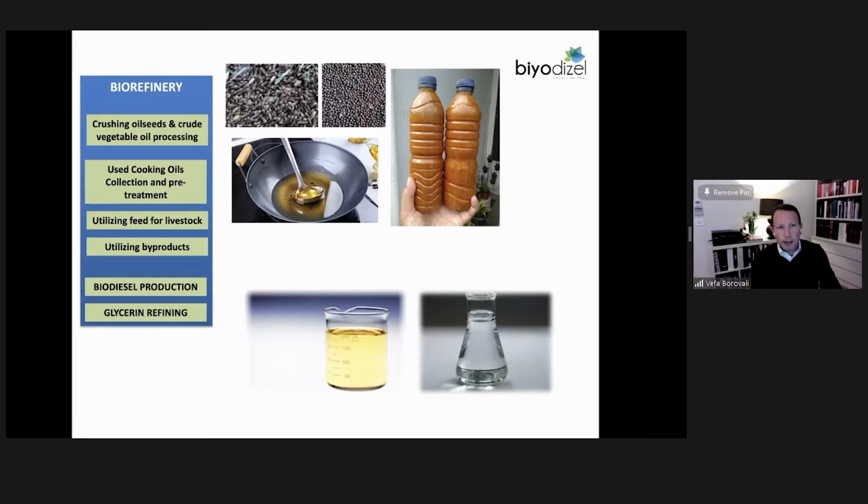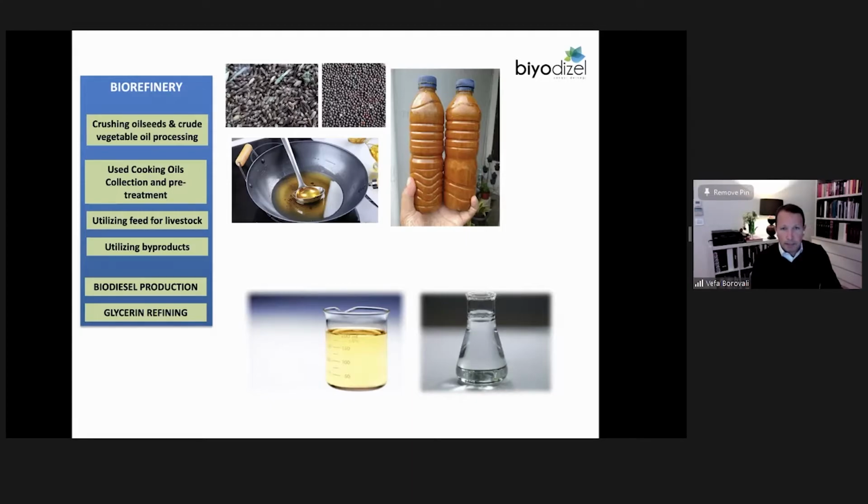So when we say biorefinery, we utilize all these raw materials, and some biorefineries start even from crushing the oil seeds, oil meals, and they produce crude vegetable oil, and then they process it to make it ready for biofuel production. Of course, used cooking oil collection and pre-treatment is becoming more and more important. And when you crush the oil seeds, we have a remaining feedstock for the livestock, for the animals.